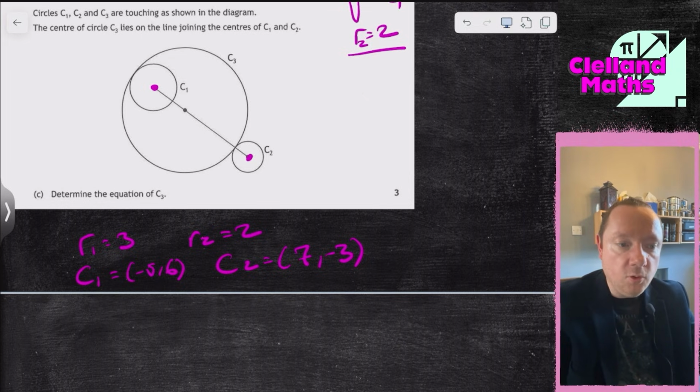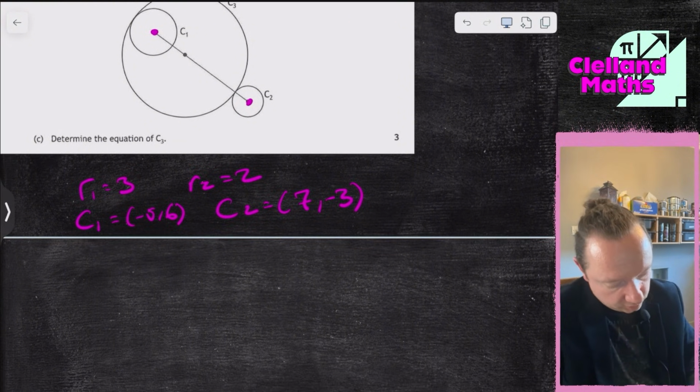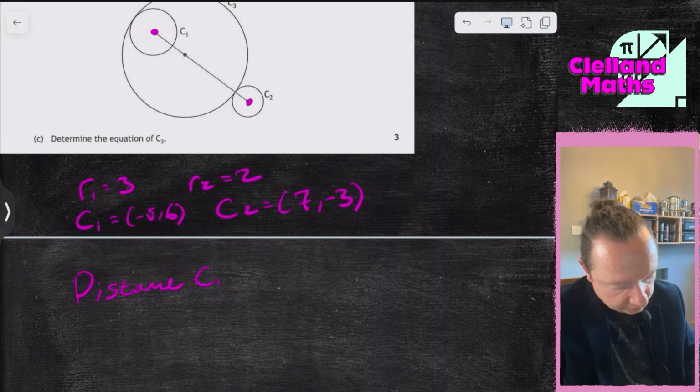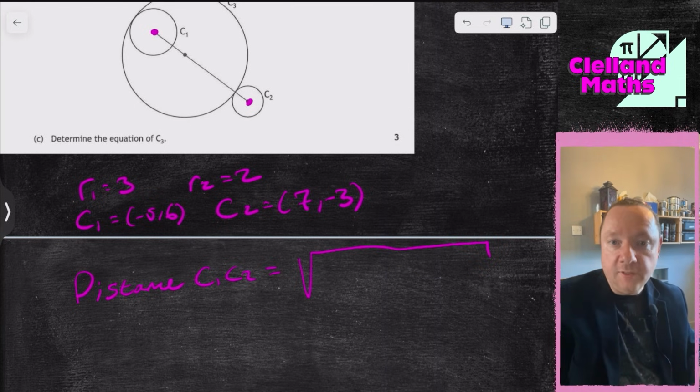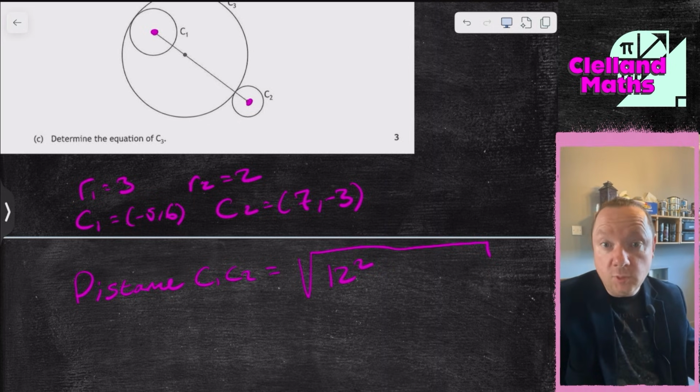So the first thing I'm going to do is try and work out the radius by looking at the distance between C1 and C2, because I've got two centres. So the distance of C1 to C2, distance formula of Pythagoras, you've got 7 and minus 5, the difference between them is 12. And then you've got 6 and minus 3, the difference between them is 9.